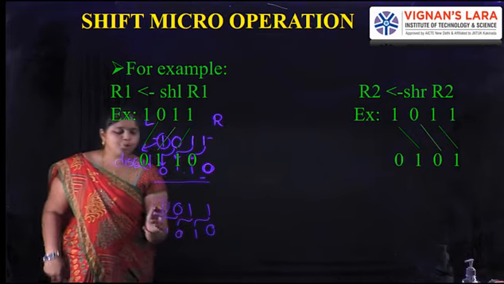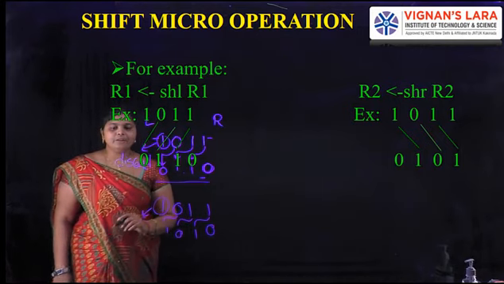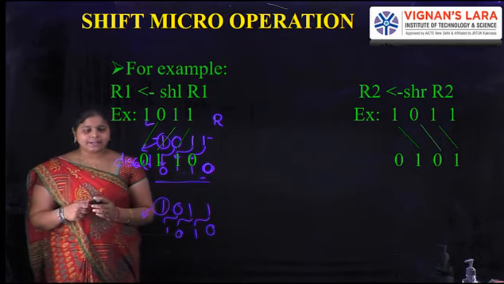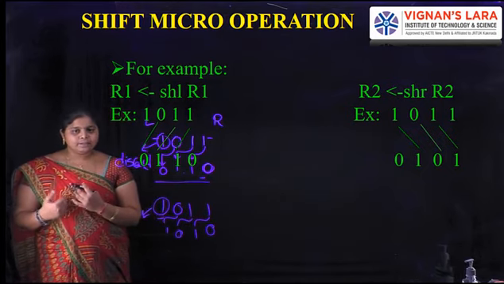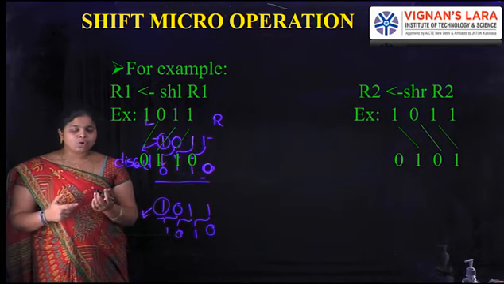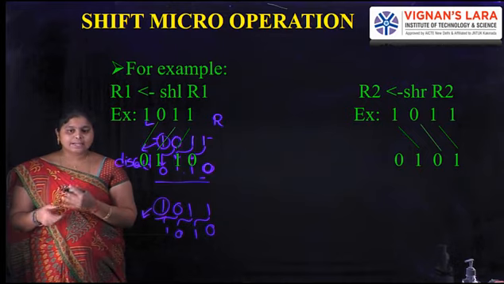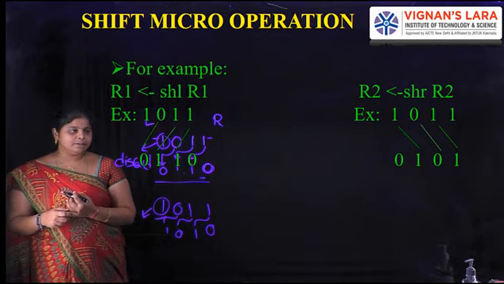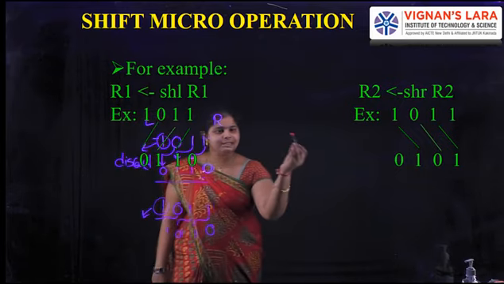The leftmost bit of the shift left will be discarded. One of the major disadvantages is that this leftmost bit is discarded, and there is no need to store the data. Discarded means deleted from the register.